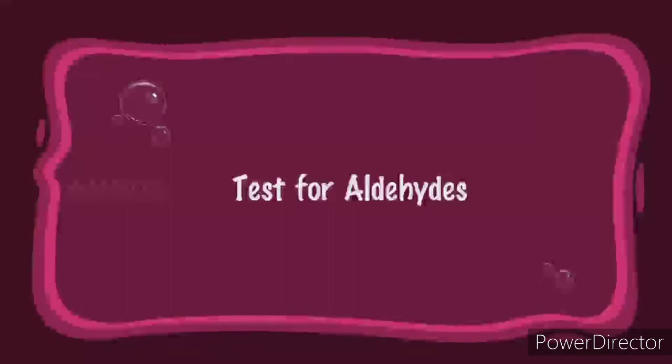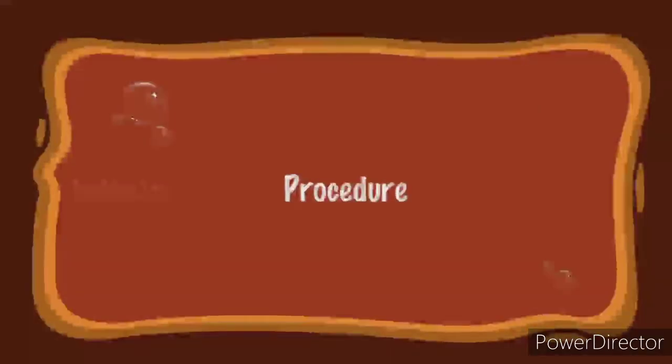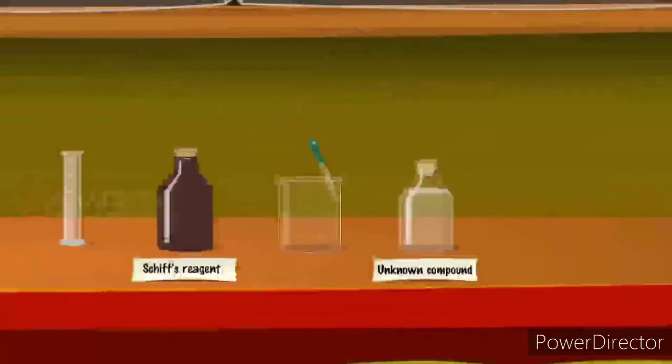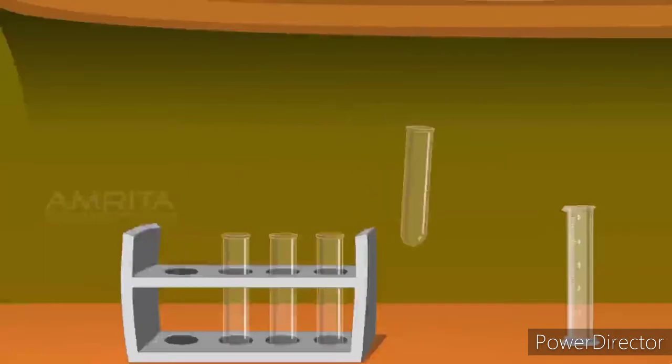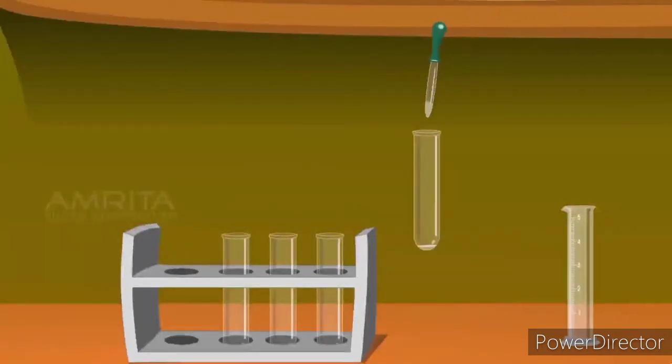Tests for aldehydes. Schiff's test. Procedure. Take a few drops of given unknown solution using a dropper. Pour the taken solution into a test tube.